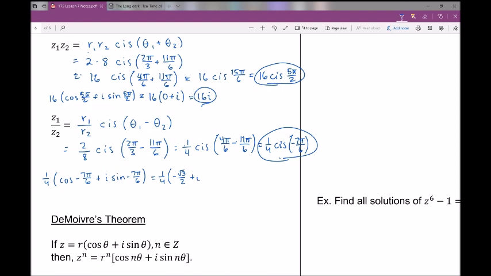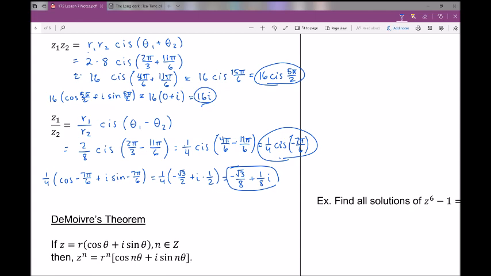And the sine of negative 7 pi over 6 is 1/2. So all we need to do now is just distribute the 1/4. If we multiply the negative root 3 over 2 by 1/4, we get negative root 3 over 8. And if we multiply 1/2 by 1/4, we get a positive 1/8 i. So that is the rectangular form of that original polar answer that we got.